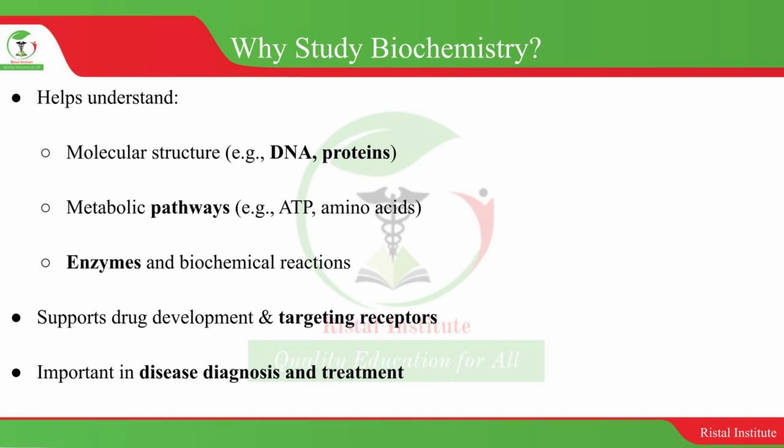It allows us to understand the structures of the different molecules, for example DNA, and the pathways for generation of very important molecules, for example the pathways for generation of ATP, which is a form of energy, the pathways for generation of amino acids, and of other important molecules in the body, for example enzymes.